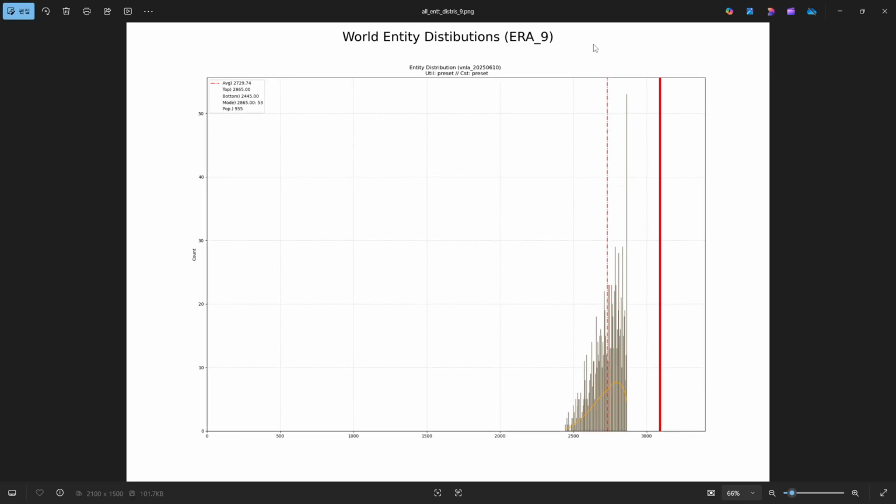So I know I said there's only one era, but in the usual setting, it was when I was doing things where the number of items would change, because every 100 generations was equivalent to one era. So that's why it says era 9 here, which is the 10th era.